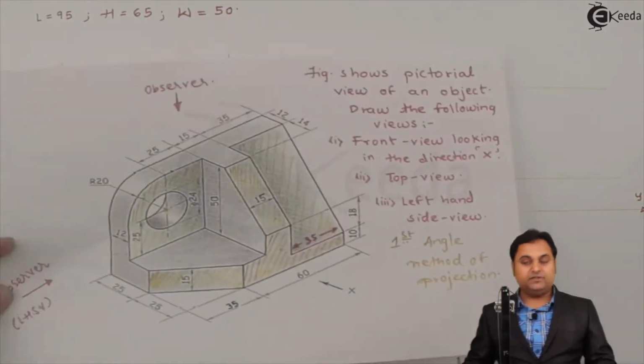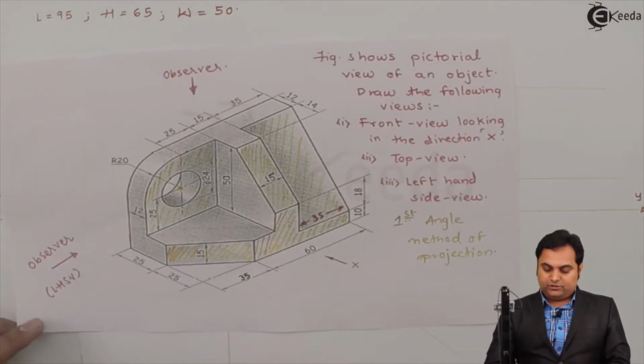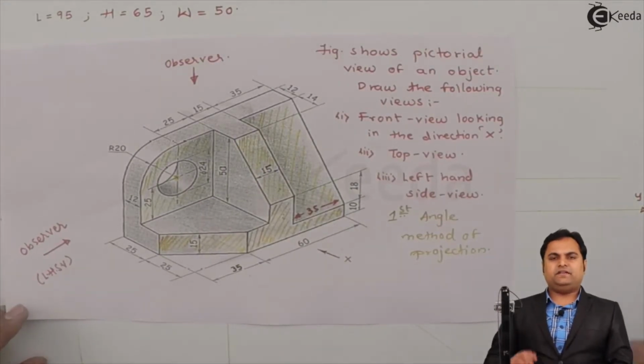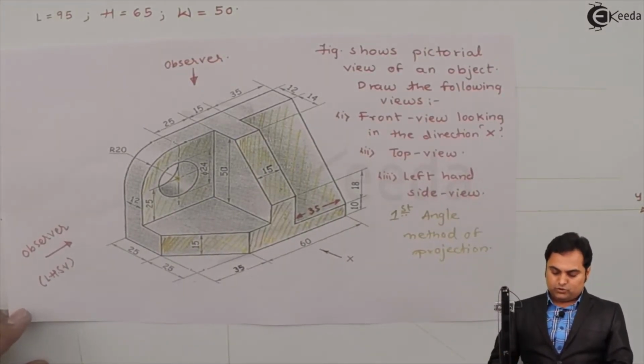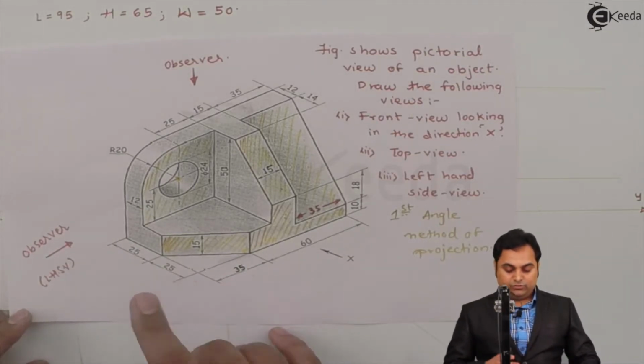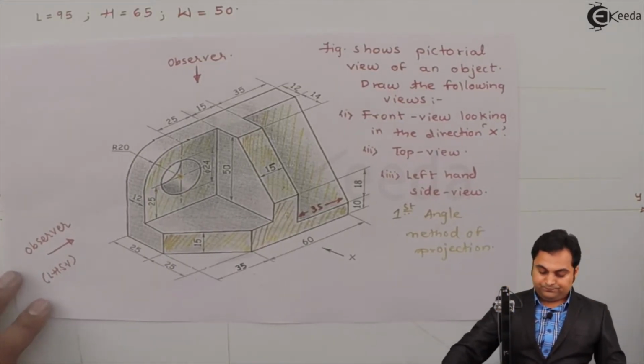Now after completing the front view, I'm going to draw the top view. For that, the observer is at the top, and whenever we are looking at any object from top, in that case the height is not visible, so length and width of the object is visible, and we have to draw those things first which are closer to us as an observer.